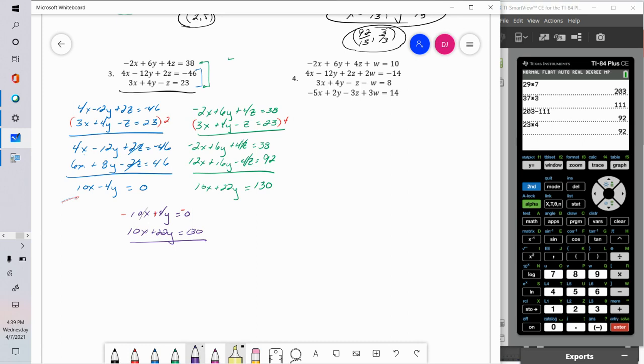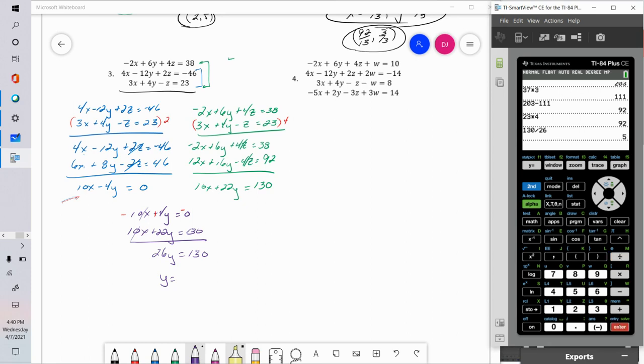Negative 10x and 10x will add up to 0. 4y and 22y is 26y. Negative 0, or 0, and 130 is 130. When I divide both sides by 26, I'll get 130 divided by 26, which is 5. So I have a y value of 5.